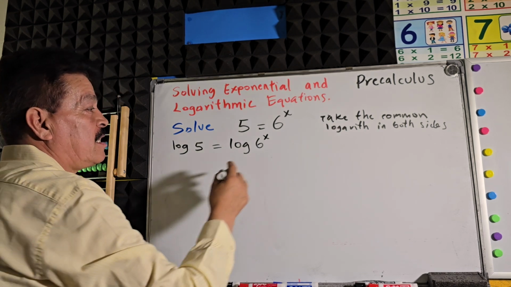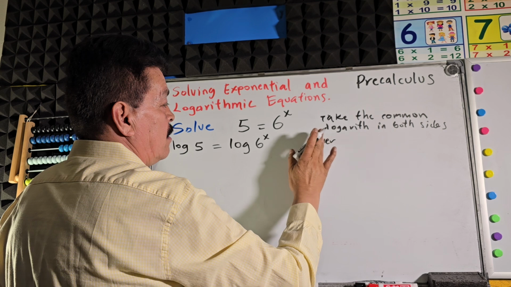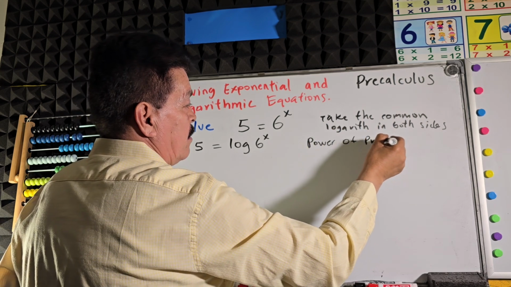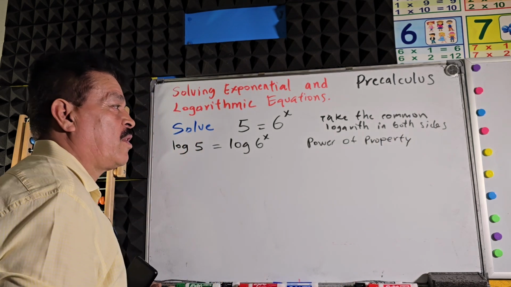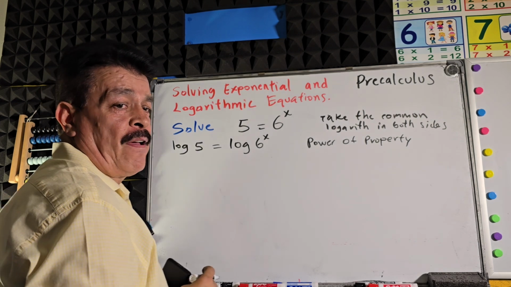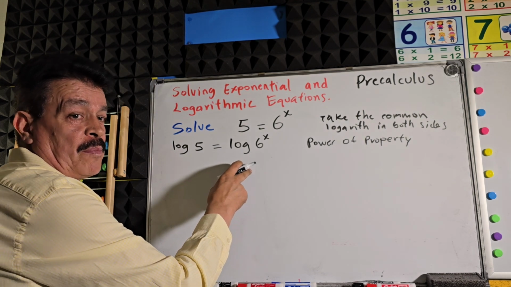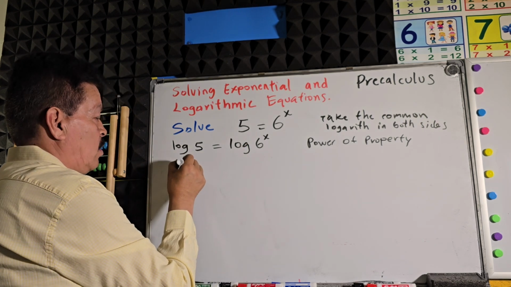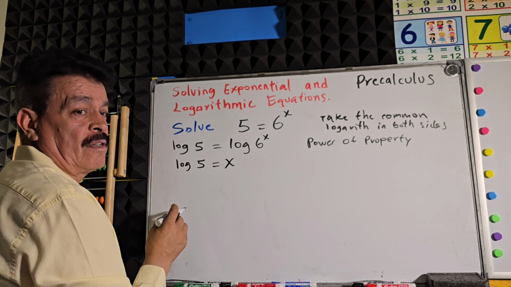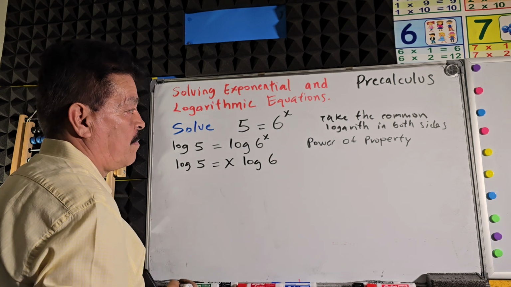Okay, now this is the power property. Remember the power property? The first rule that I wrote here. Okay, now if we apply the power property, we write log 5 equals x log 6.